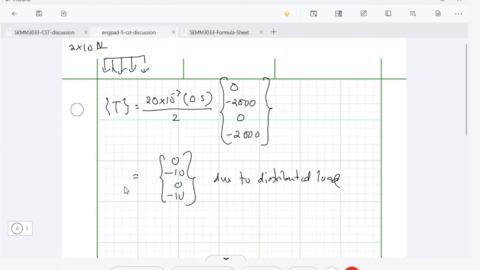Newton per meter square times length 0.5 meter times thickness 20 times 10 to the minus 3, and the total load should be equal to 20 kilonewton?